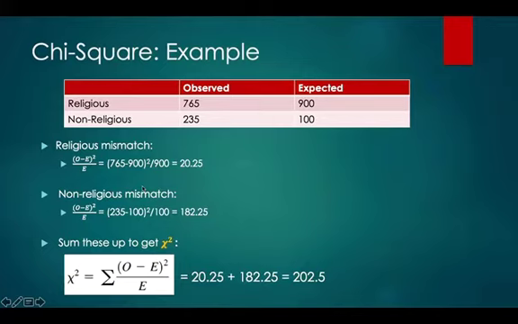And for non-religious mismatch, take your observed value, 235, minus your expected value, 100, square it, and divide by expected, 100, which equals 182.25. And then you sum these two together to get your chi-squared test statistic. So 20.25 plus 182.25 equals 202.5.